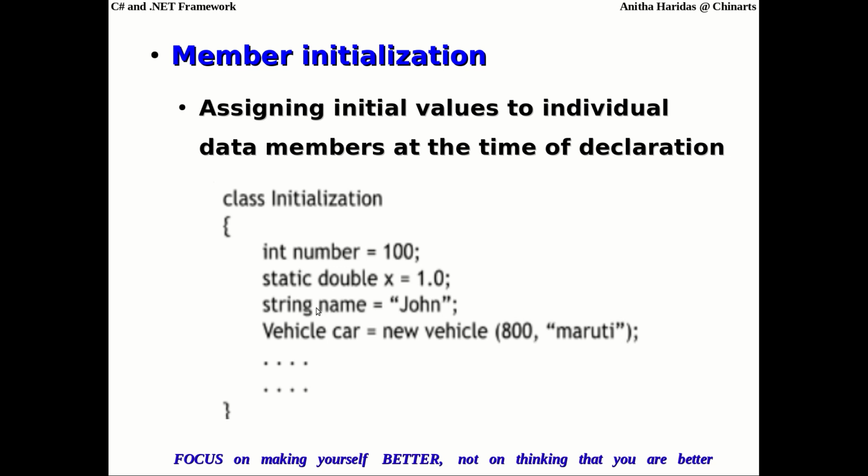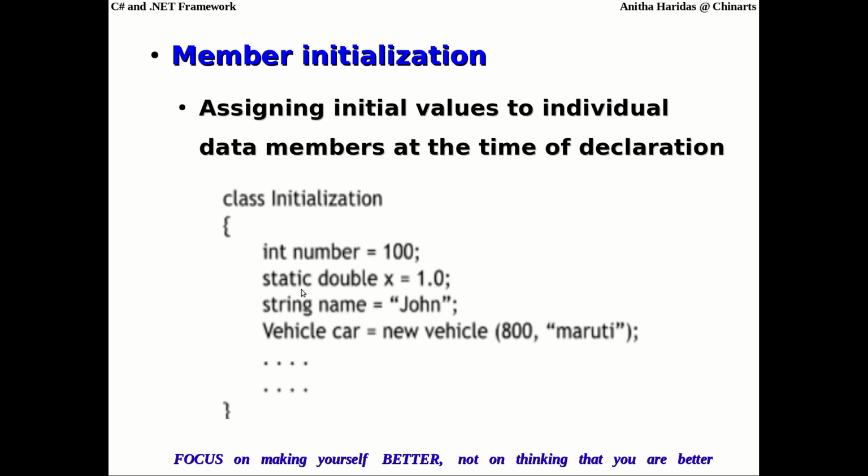The same way, if you have simply said string name semicolon, vehicle car semicolon, that means you have not initialized them. Since both of them are reference data types, a null value, which is the default value for reference data types, will be assigned to name and car.